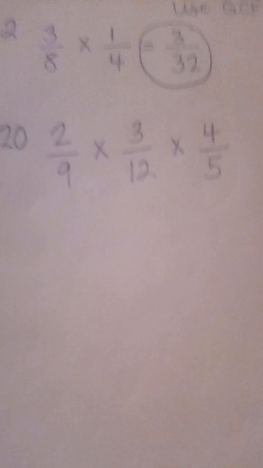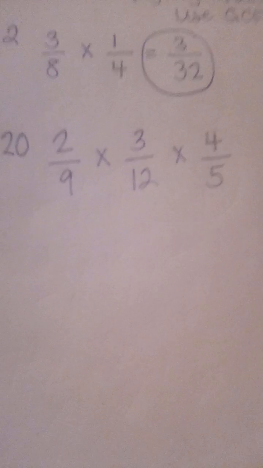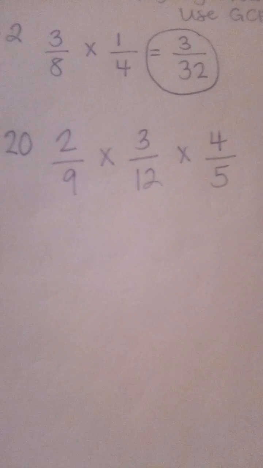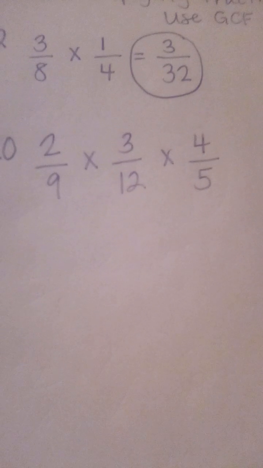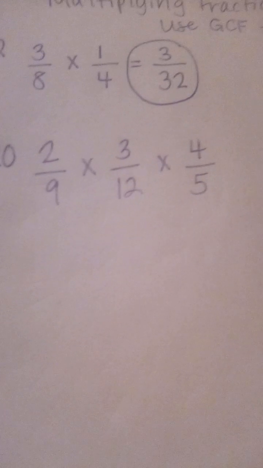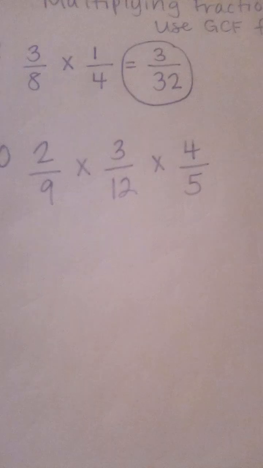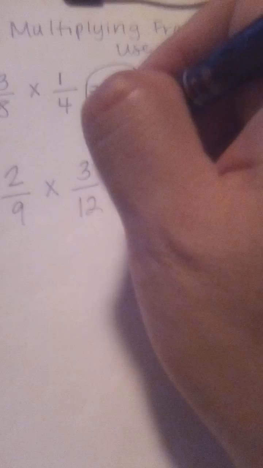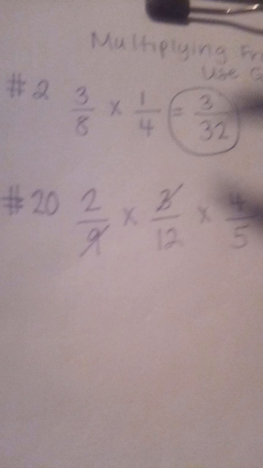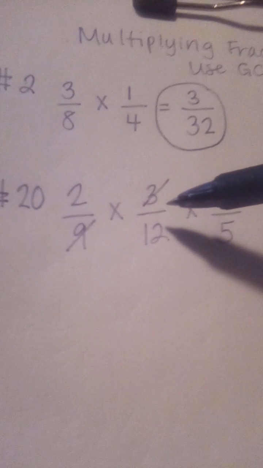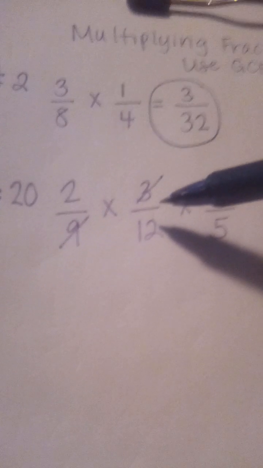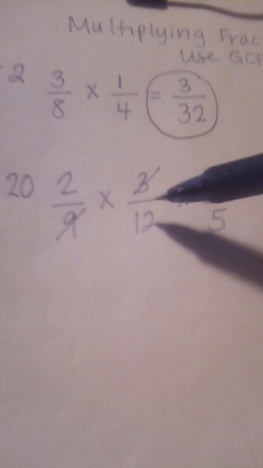Okay. Right off the bat, which numbers do we reduce? Care to take a guess? Let's do 3 and number 9. Cross out 3, cross out the 9. What number do we divide by to get a reduced fraction?